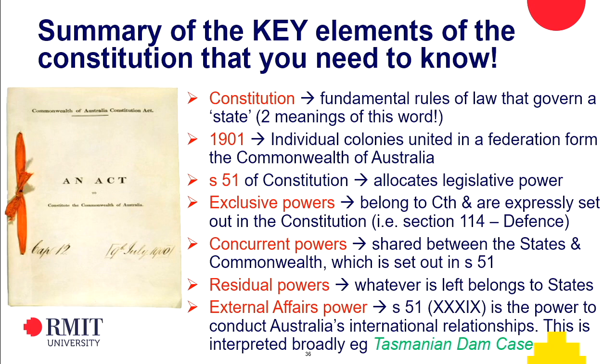And these are set out in Section 51. So the exclusive powers will have language that tells you that it's exclusive in comparison to the concurrent ones. And anything that's not in the Constitution is residual power to the states. So the states pass laws in education, health. Our criminal acts are state-based law.